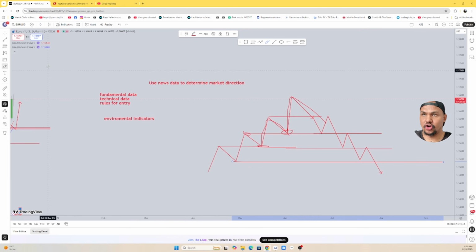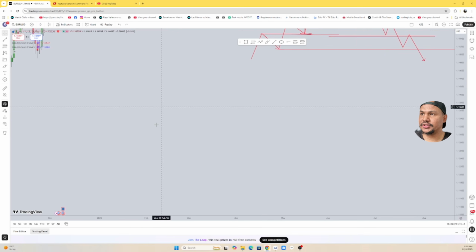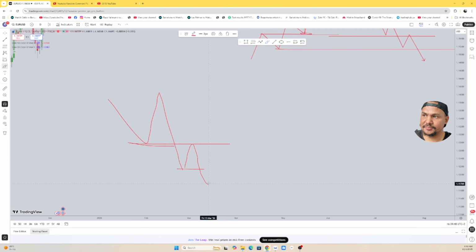When the market prints support and that support gets broken, that support becomes resistance. The market prints new support, that support gets broken and becomes resistance. By now you should get the message. That's how price action moves throughout the entire market.